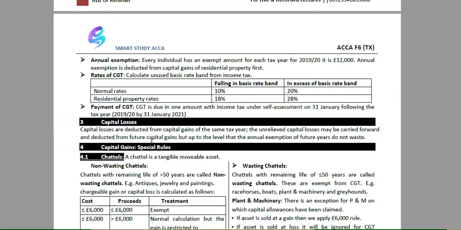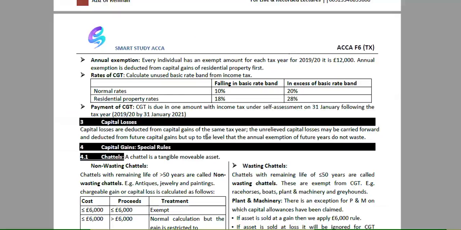So students, we have learned the treatment of capital loss as well. Capital losses are deducted from capital gains of the same year, and any unrelieved capital losses, meaning remaining capital losses, will be carried forward and deducted from future capital gains, but only up to the level that the annual exempt amount of future years is not wasted.